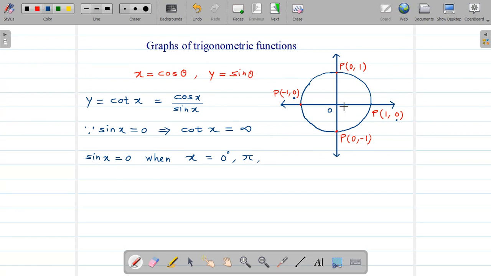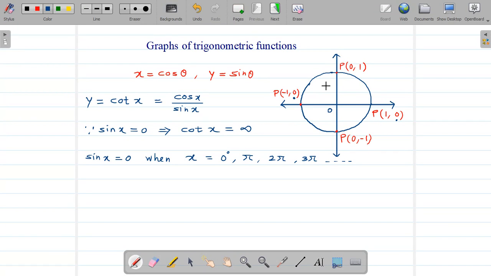Again rotating from the positive x-axis, the next angle will be 2 pi, then you will get 3 pi, and so on. This is in the anti-clockwise direction, and if you rotate in the clockwise direction, then you will get negative angles. Suppose you rotate up to here, then this angle will be minus pi, because the position of the point P will be on the negative x-axis, and in that case the y coordinate is 0.